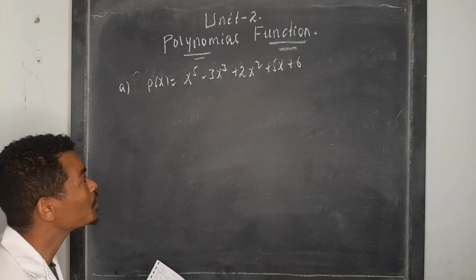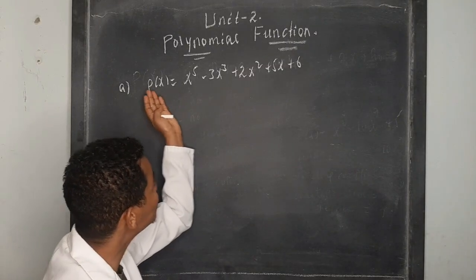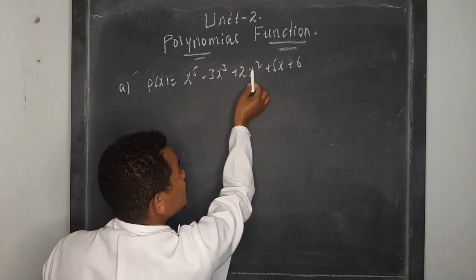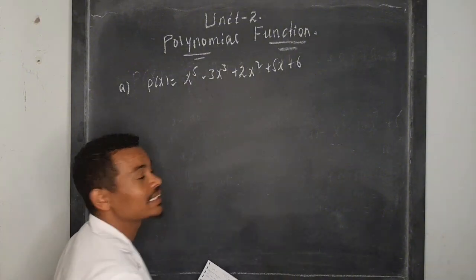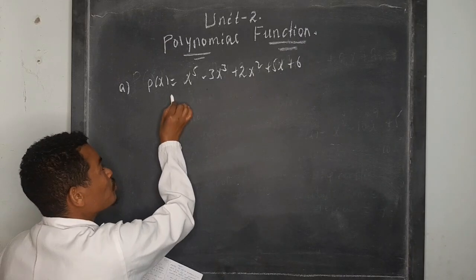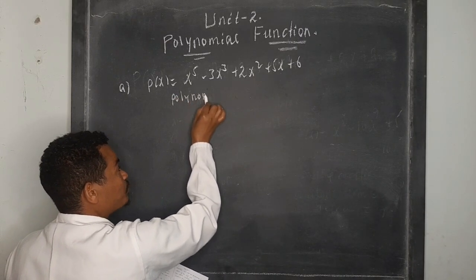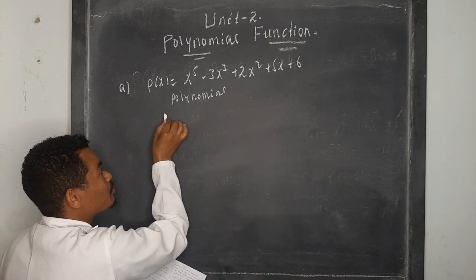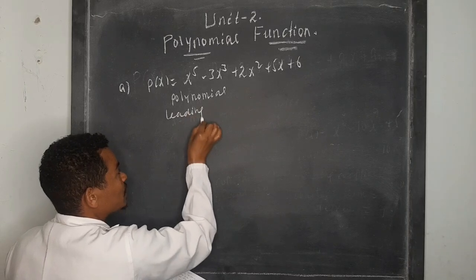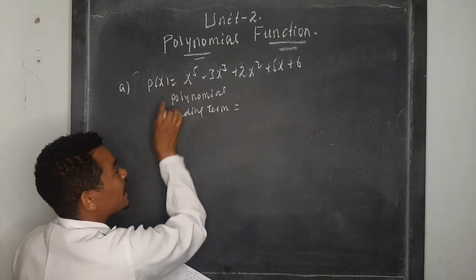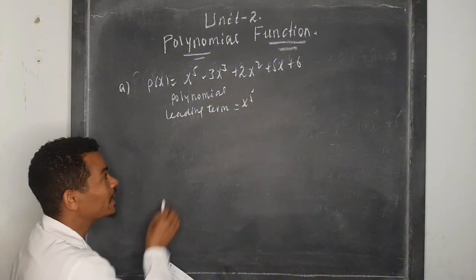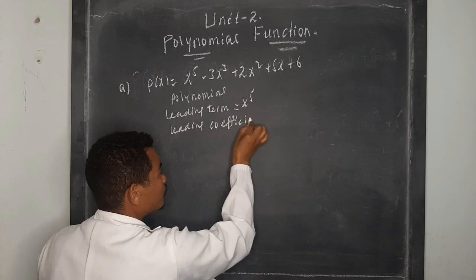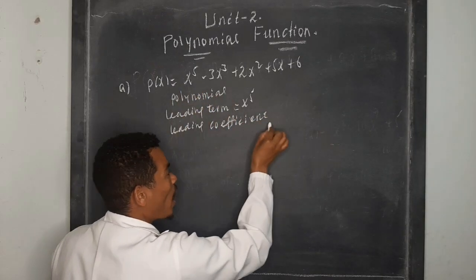First, is it a polynomial? To be a polynomial it must be written in the form a_n x^n, and it is: x^5, x^3, x^2, x^1, 6. It is a polynomial. Since it is a polynomial, we find the leading term, which is x^5, and the leading coefficient, the coefficient of the highest degree, which is 1.